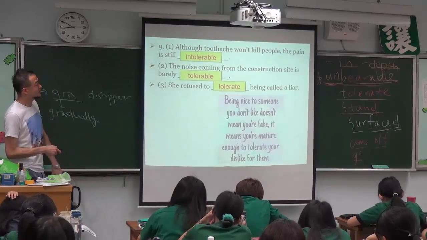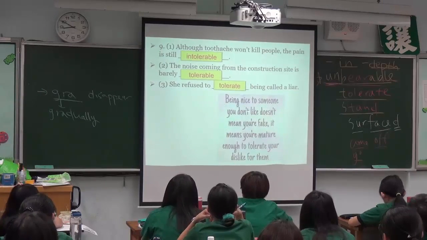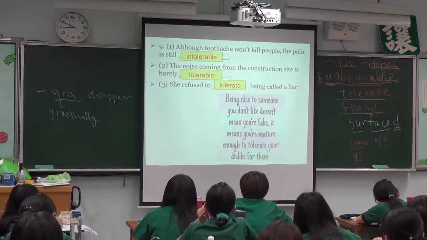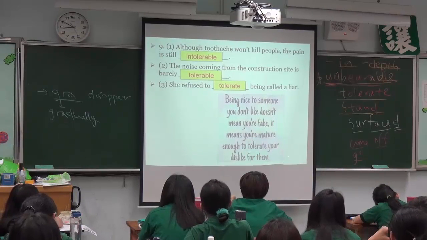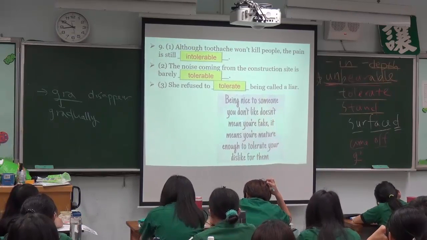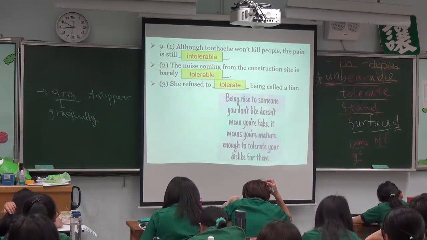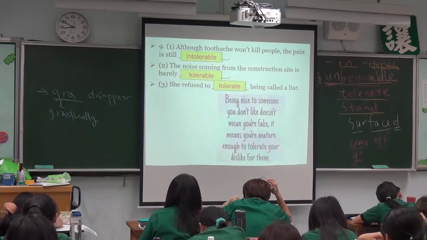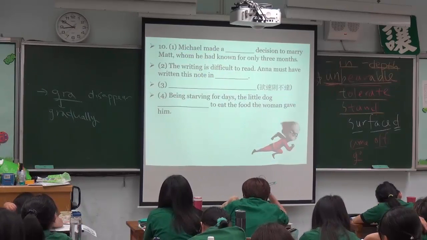Yeah, maybe not. So please read the quote together: be nice to someone. Doesn't mean you are fake. It means you are mature enough to tolerate your dislike for them. Yeah, I guess maybe it's impossible for us to meet only those people we like all the time, but we just need to learn to deal with the differences between us and them. It's okay, yeah.